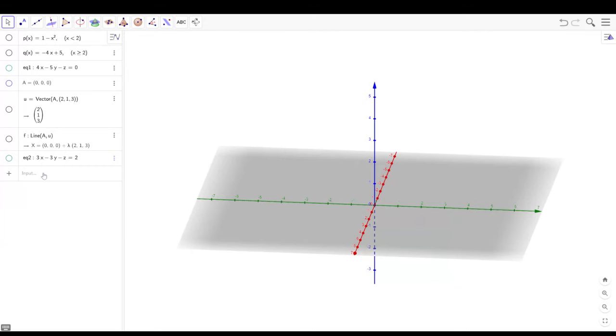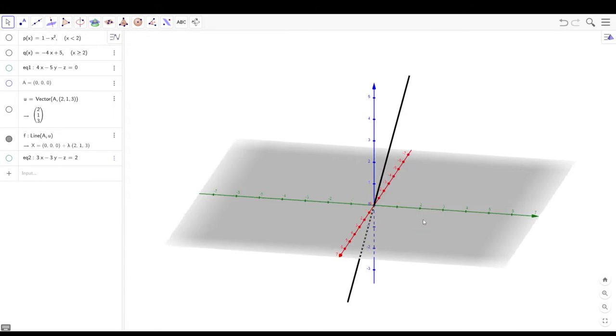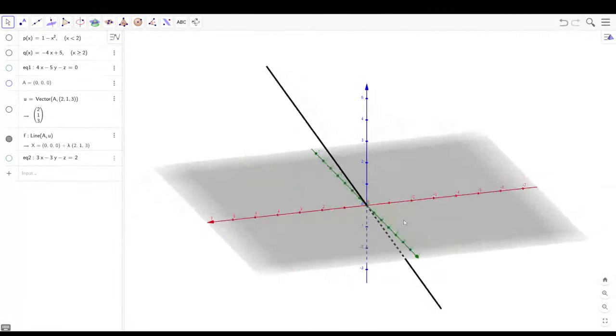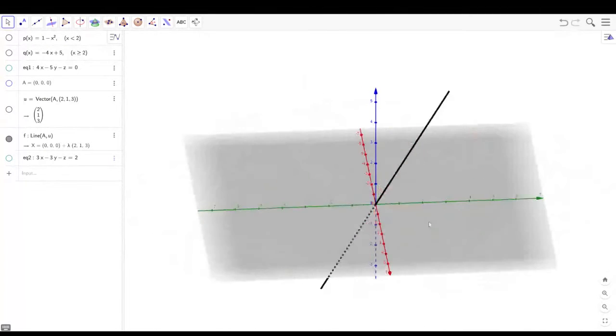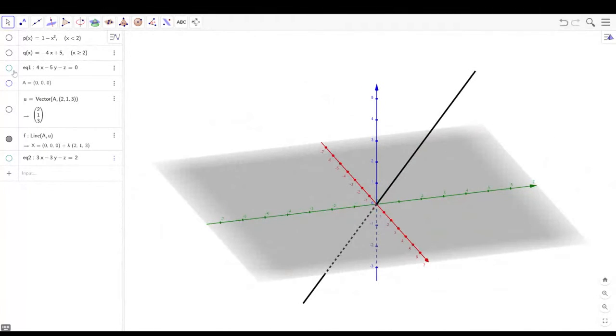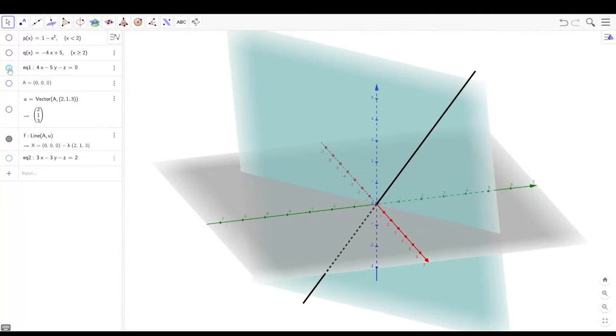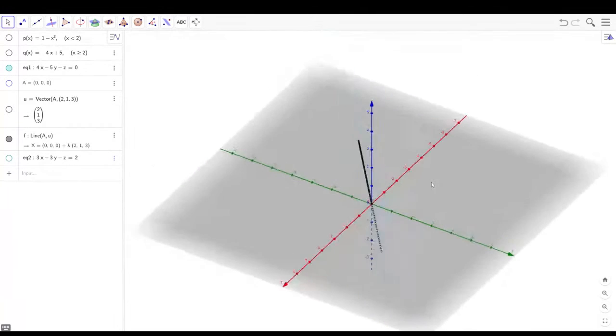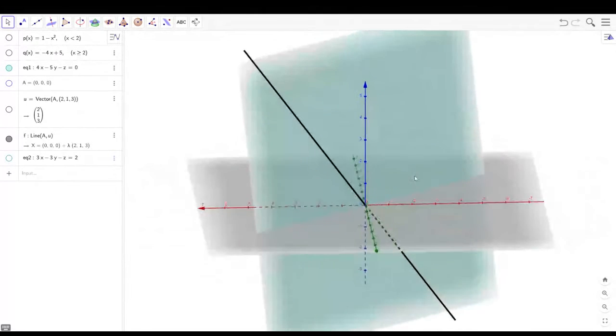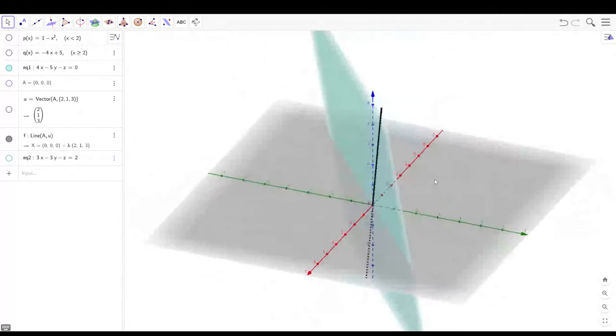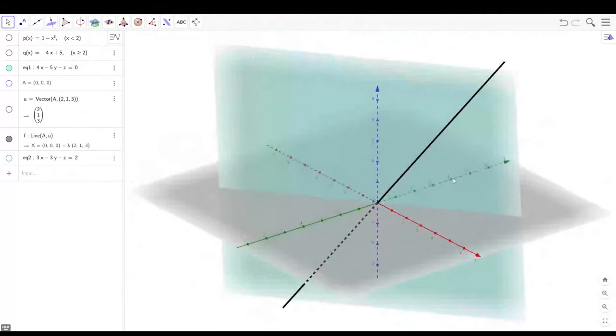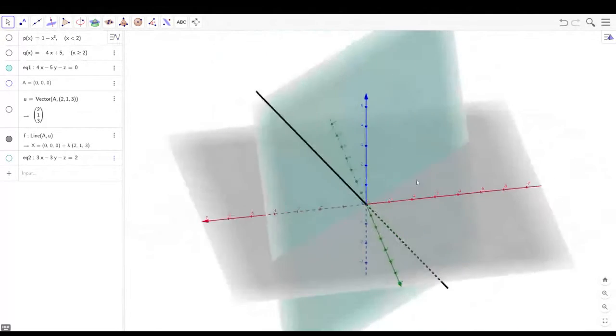So let's put in our line. So that's what our line looks like in three-dimensional space. And let's put in our plane. And you can see, hopefully, that the line is contained within that plane.